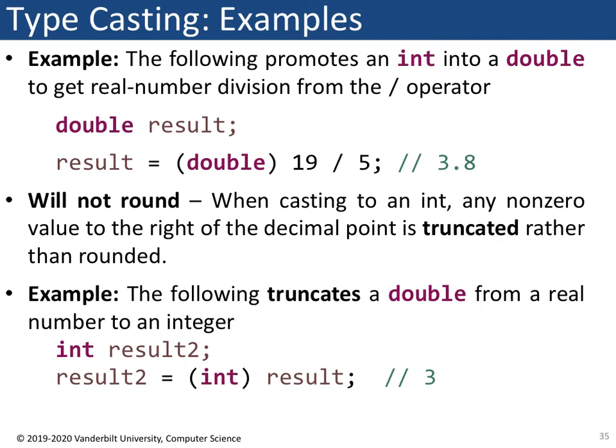So result2 is a variable which has the type integer, and then we assign result2 the value which will result from the expression typecast result from above as an integer. So result, if you remember, has the double value 3.8, and then we're typecasting 3.8 to an integer value. The 0.8 will be chopped off, it will be truncated, and the result will be 3. So typecasting from a higher precision to a lower precision data type does not round, it truncates.